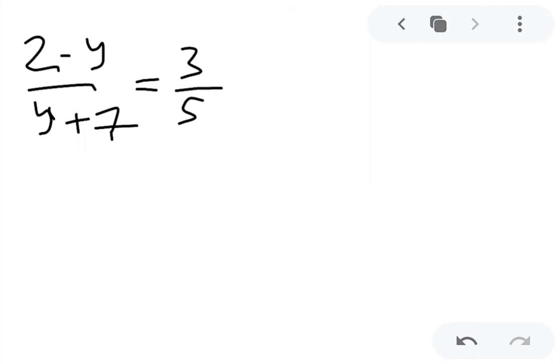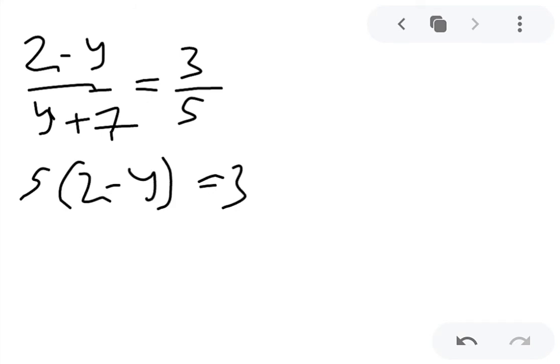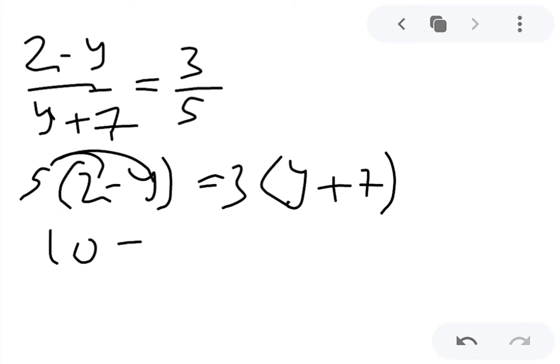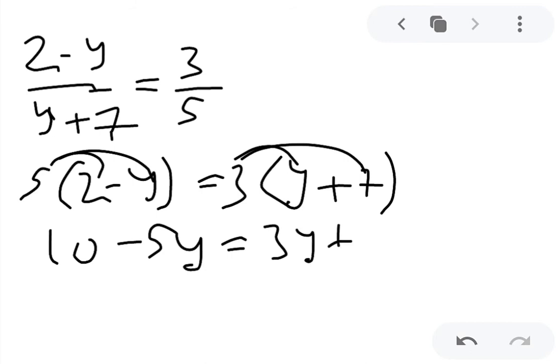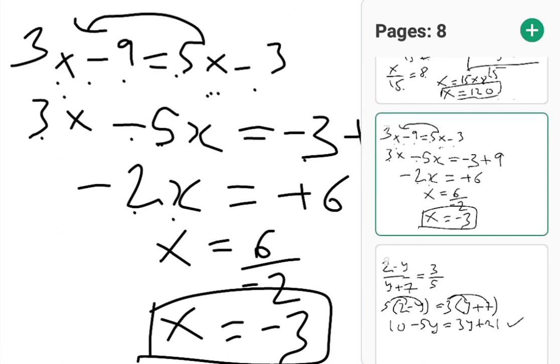The next type is rational numbers having variables. So over here you have to do the cross multiply. So 2 bracket 3 minus 5 bracket 2 minus y equal to 3 bracket y plus 7. Now again no partiality, you have to give this 5 to both the things, also this 3 to both. Now this is like the previous type, right?